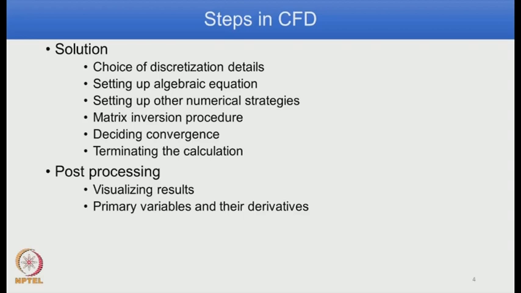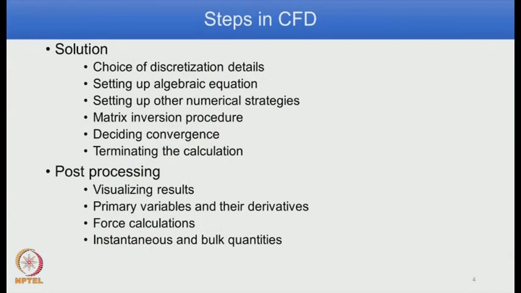Stream function is a derivative, vorticity is a derivative. You are also interested to find out, for example, force exerted or thrust developed, that also can be estimated. And if you are solving an unsteady problem, then you can obtain all this instantaneously, or you can also do average and get a bulk quantity.